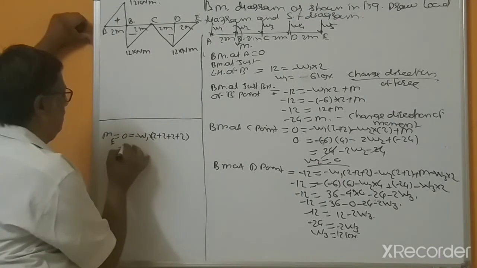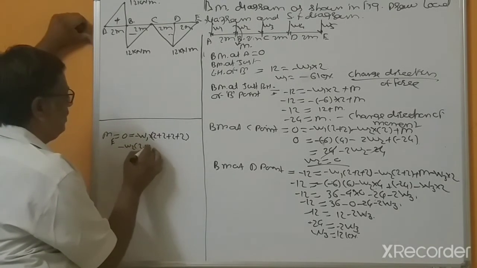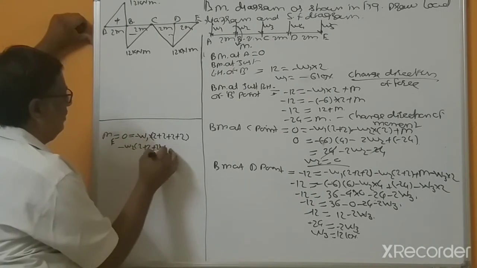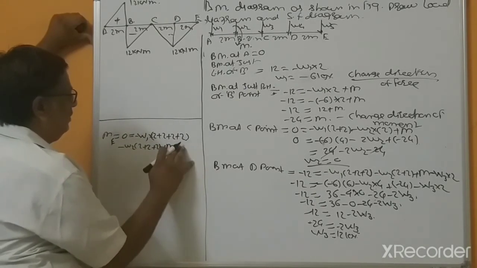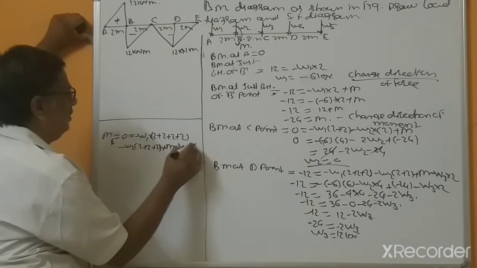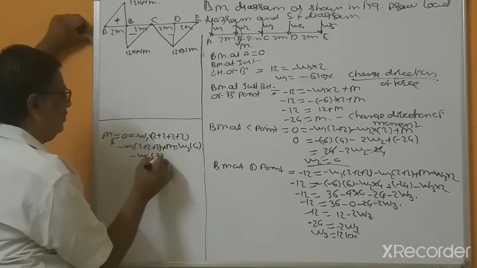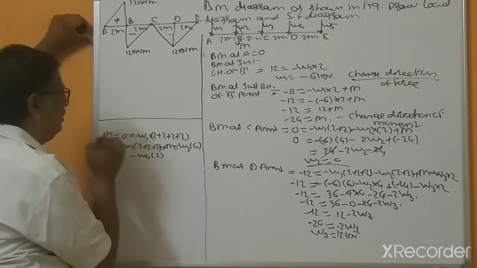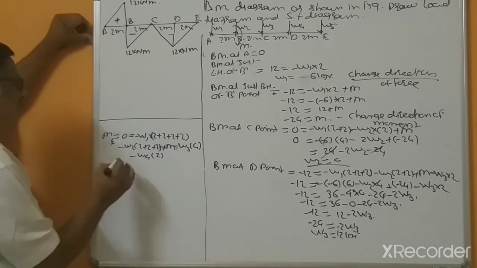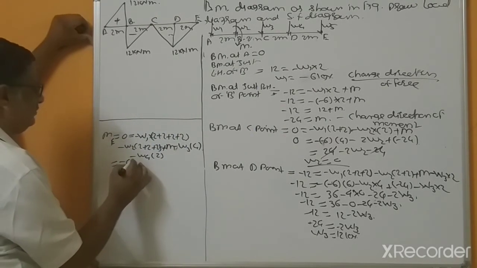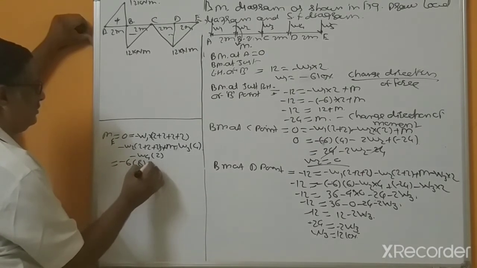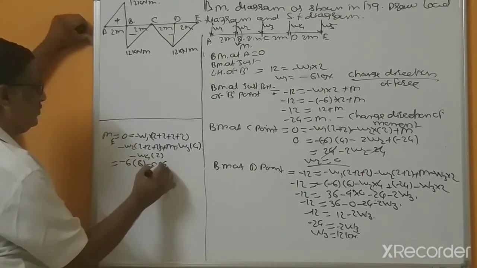Next, minus W2 2 plus 2 plus 2, plus M, plus minus W3 into 4, W4 into 2. W1 equal to minus 6 into 8, 0 into 6.